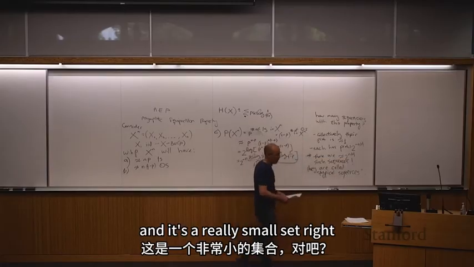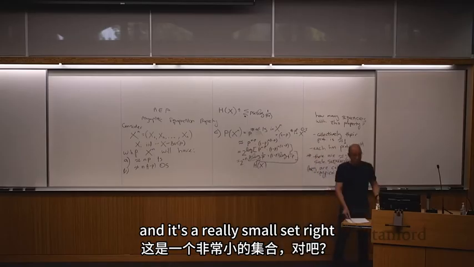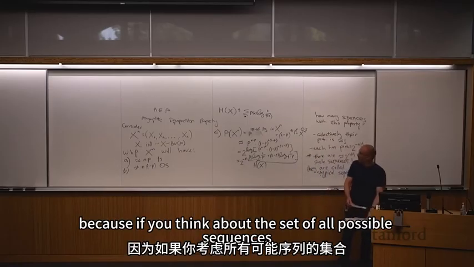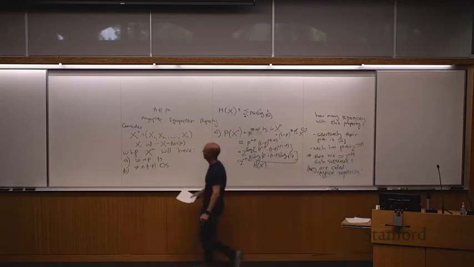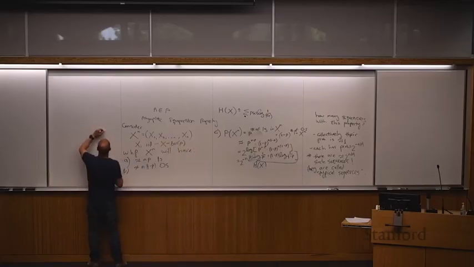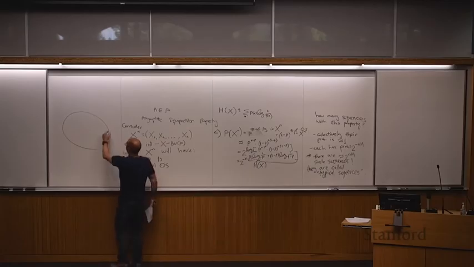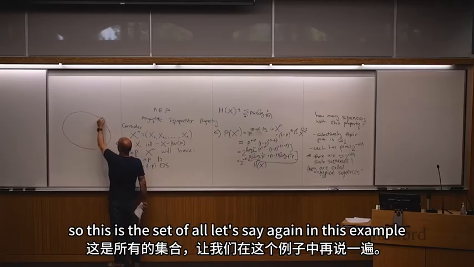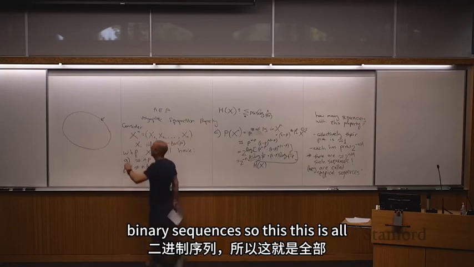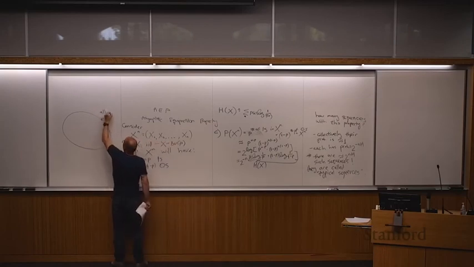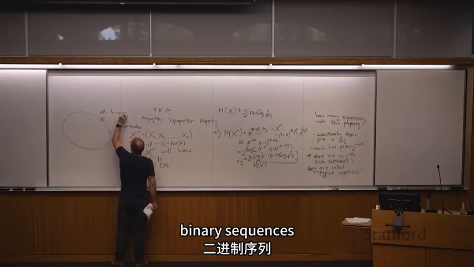And it's a really small set, right? Because if you think about the set of all possible sequences, so this is just a cartoon, okay? This is the set of all, let's say again in this example, binary sequences.